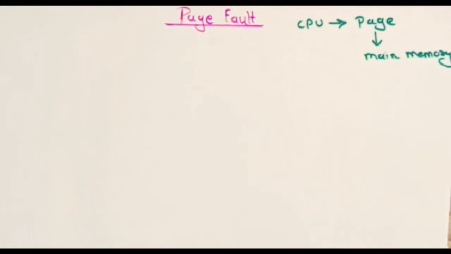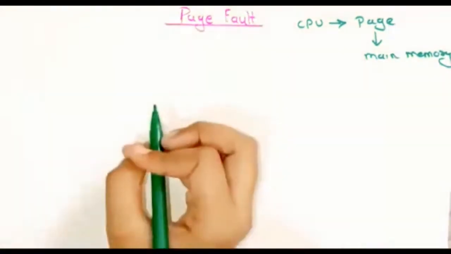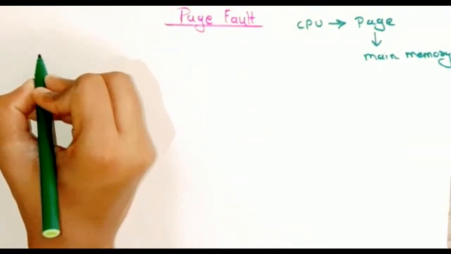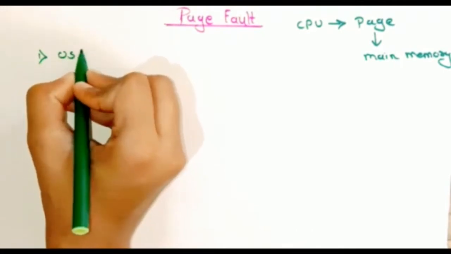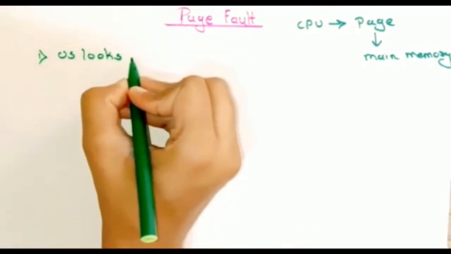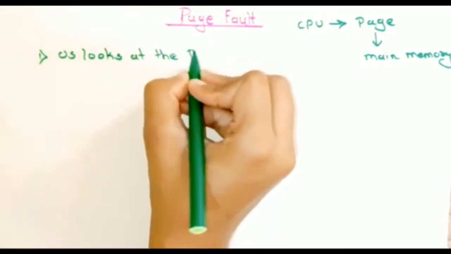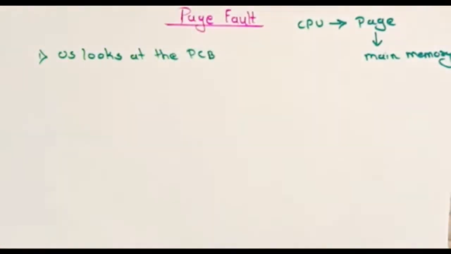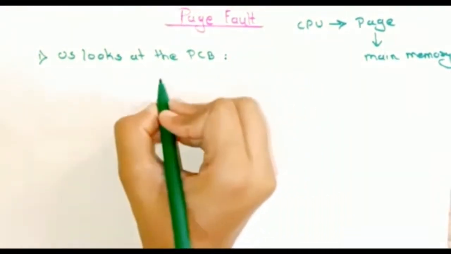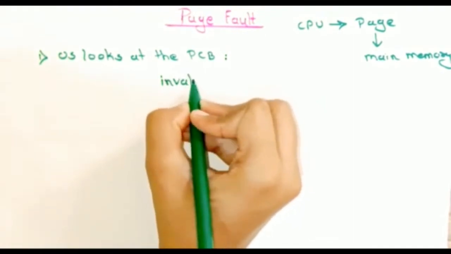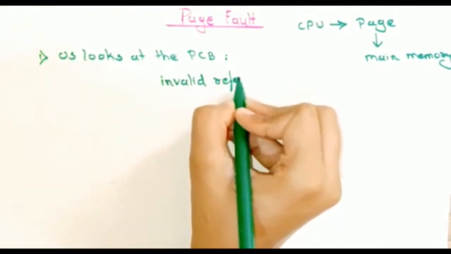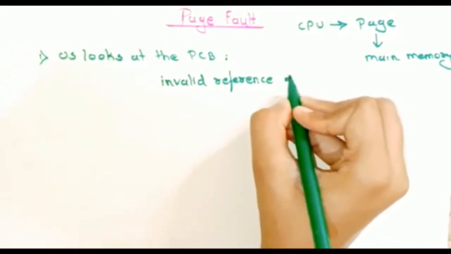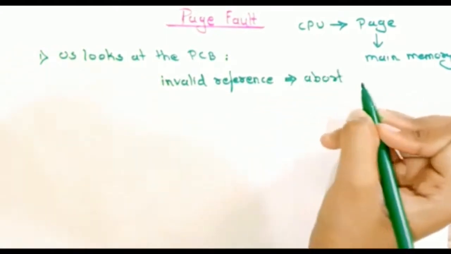Let us see. First, the operating system looks at the PCB to decide whether there is any invalid reference, which is aborted.